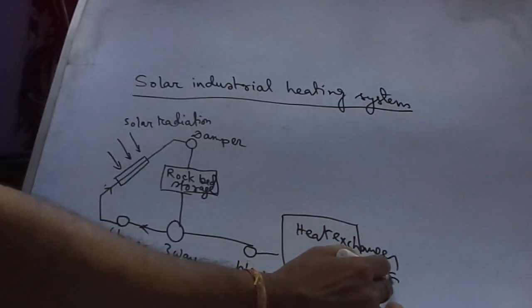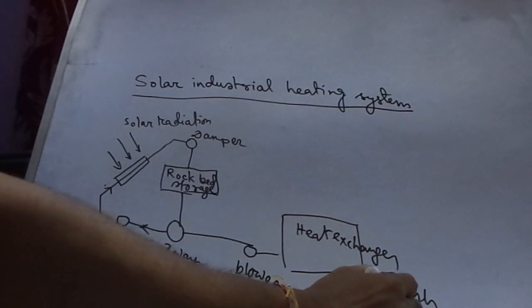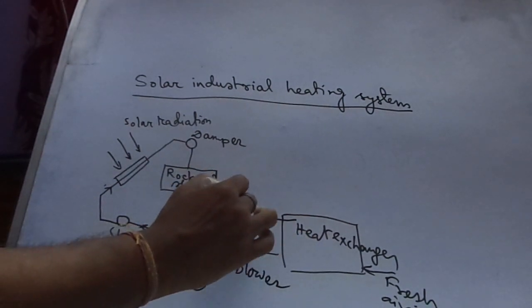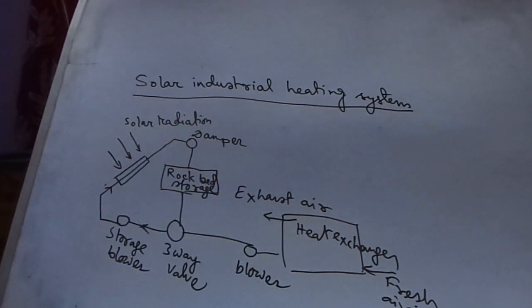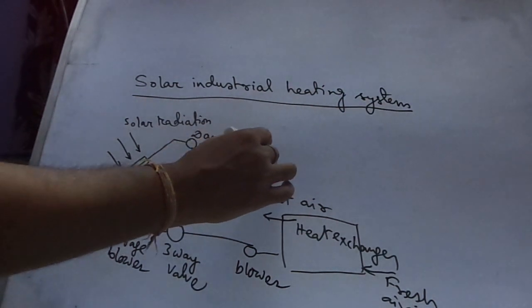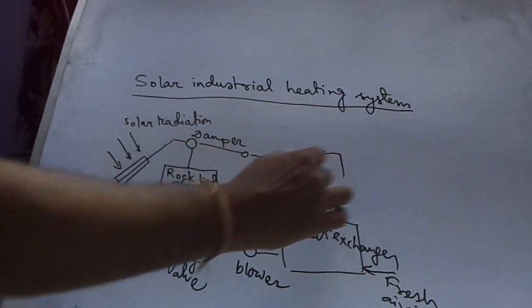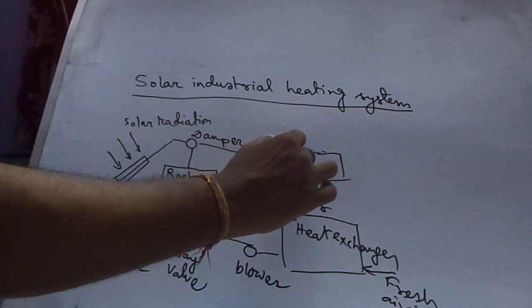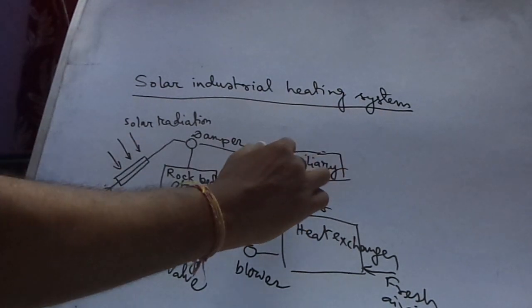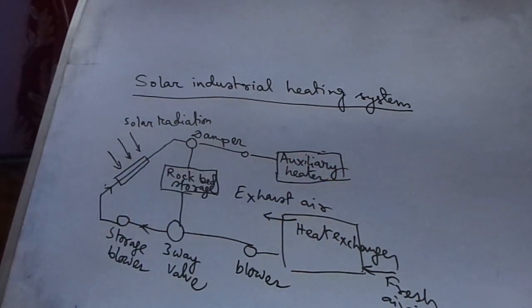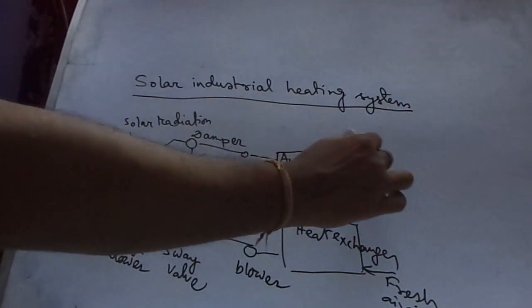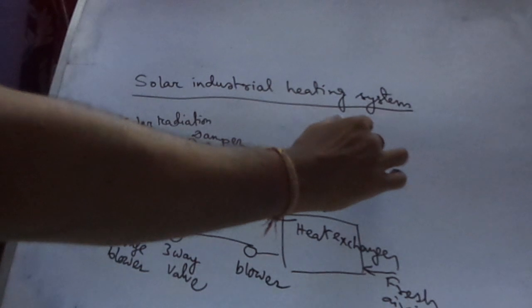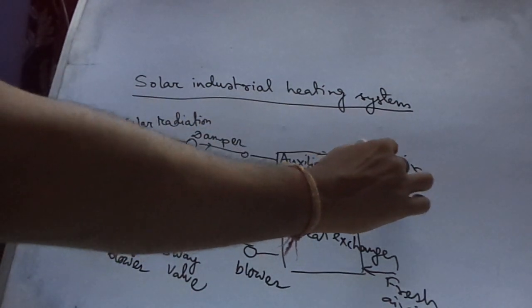Then there is a damper and an auxiliary heater, and hot air goes out for distribution.